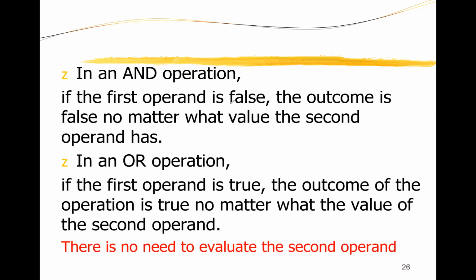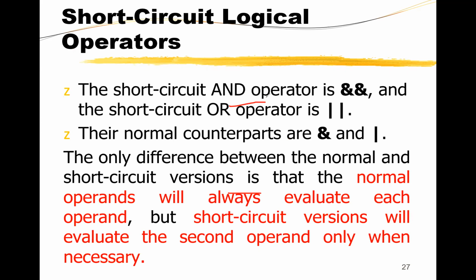If the first operand is false with AND, then the outcome is false no matter what the value of the second operand is. With the OR operation, if the first operand is true, then the outcome is true no matter what the second operand is. Therefore, there is no need to evaluate the second operand, so we can go ahead with the short circuit logical operators.